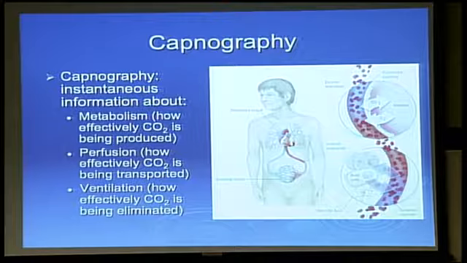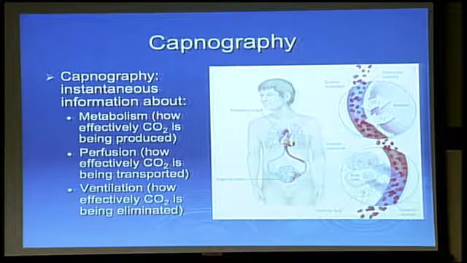It gives you instantaneous information about metabolism, about how well the body is producing CO2. So clinically in cardiac arrest, obviously that can be a key finding. It gives you information about perfusion. You need to be pumping the blood to be able to get the CO2 into the lungs. And then it gives you information about ventilation, how well it's being eliminated.